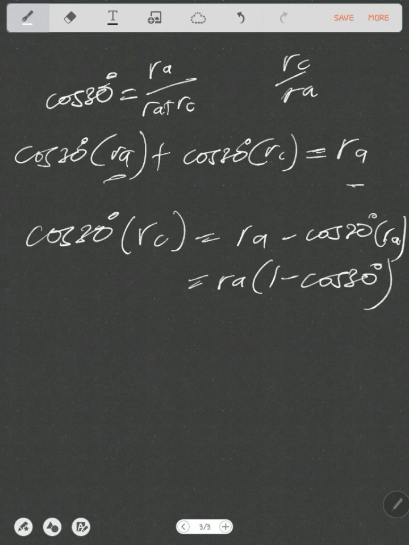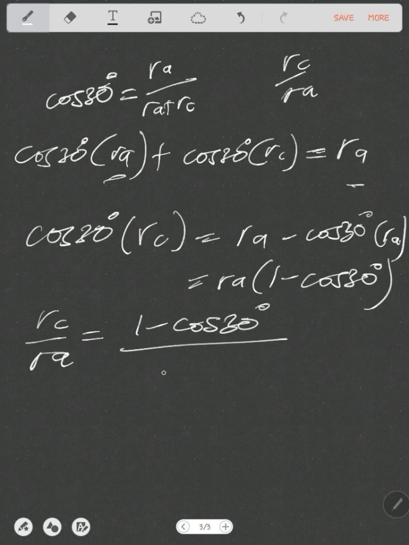Let me write this out. So now clearly we can get our RC over RA. RC over RA gives us 1 minus cos 30 degrees, over cos 30 degrees, and that's what it gives us.